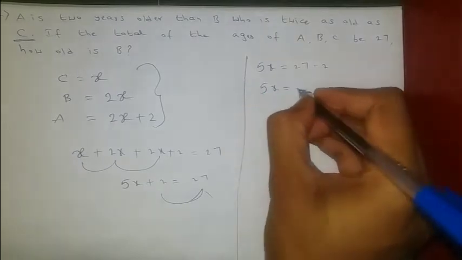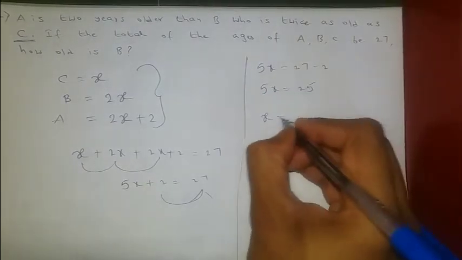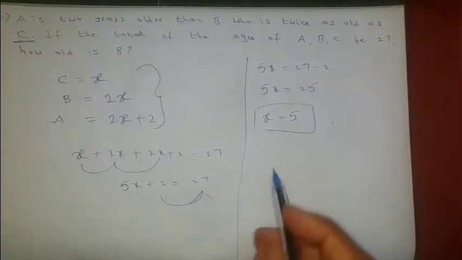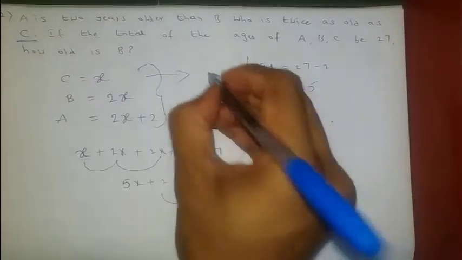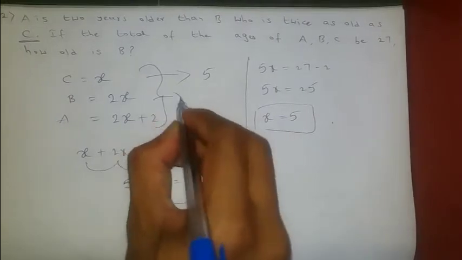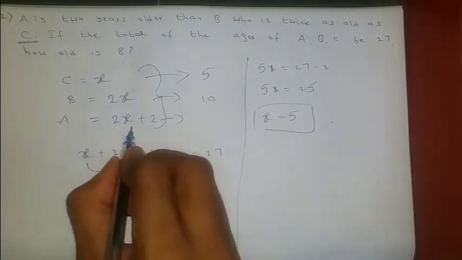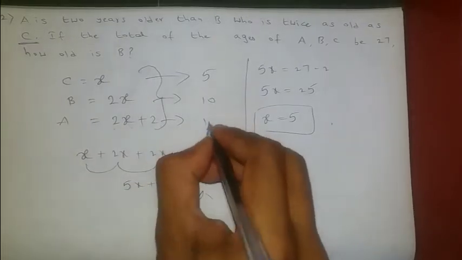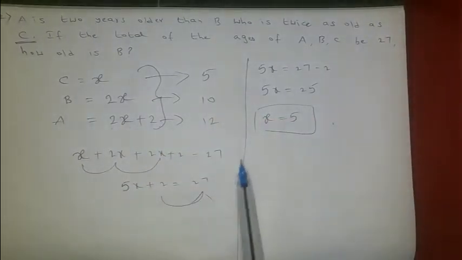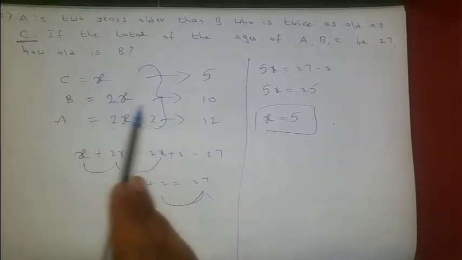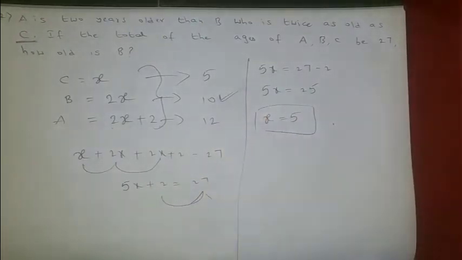So 5x is equal to 25. So x is equal to 5. Then x is nothing but C's age, that is 5 years. Then B is 2 into 5, 10 years. A is 2 into 5, 10, 10 plus 2, 12 years. So what he is asking then, how old is B? So B's present age is 10 years.